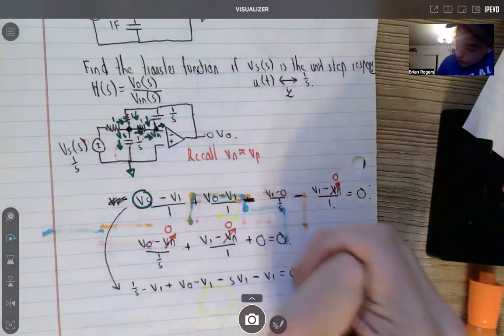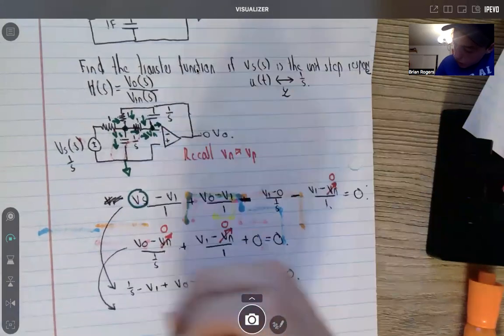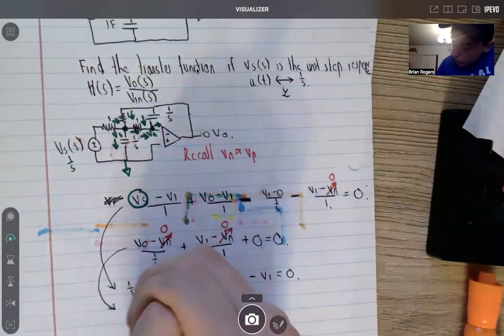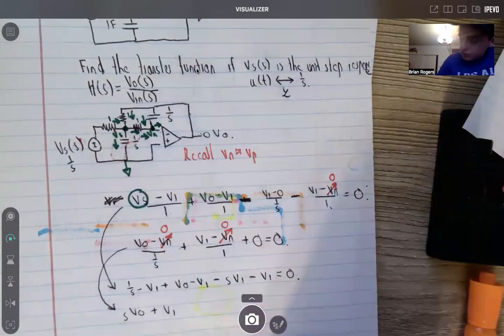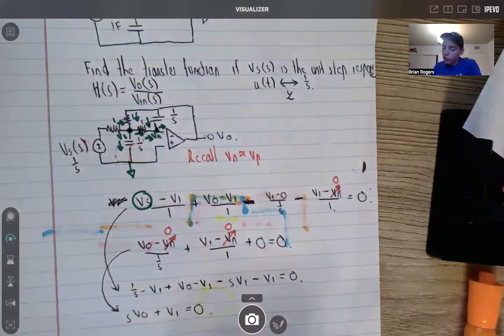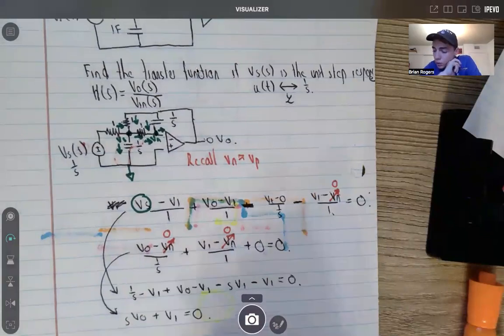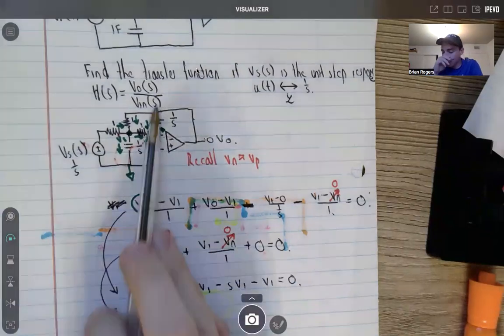Then this equation, if we rewrote it, we would get V out, S times V out plus V1 is equal to 0. Okay, so now we only have 2 unknowns, V1 and V out. And we want to solve for V out, right? That's what we're trying to determine, what the output is, because we know the input. We just need to determine the output.